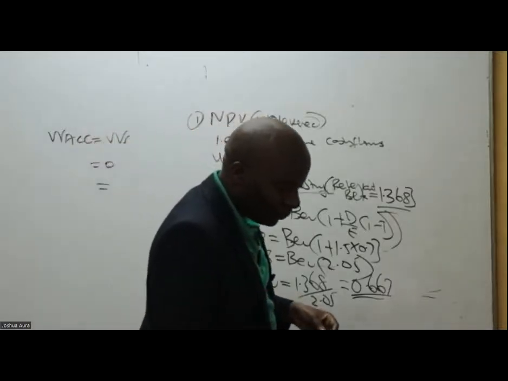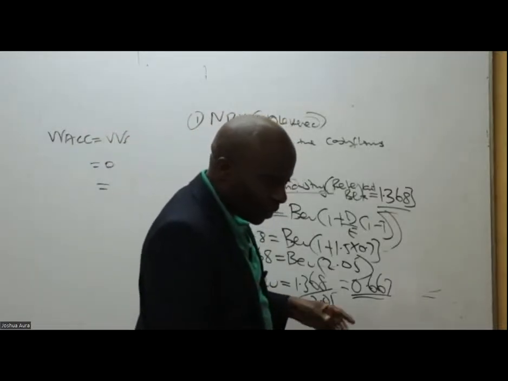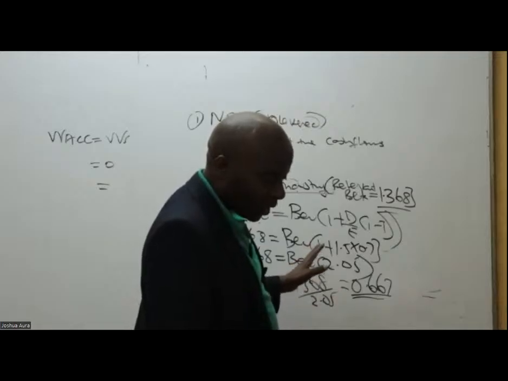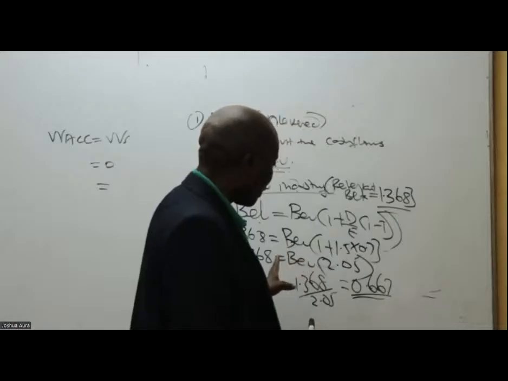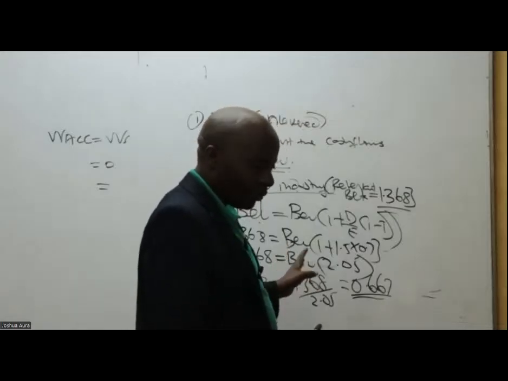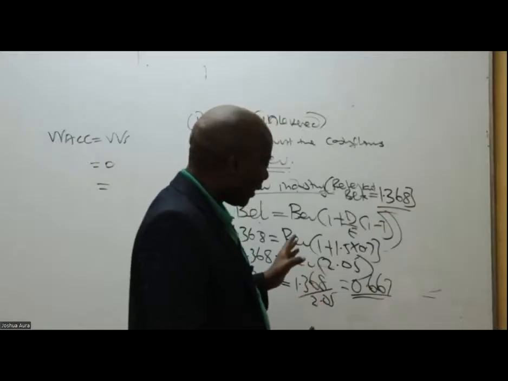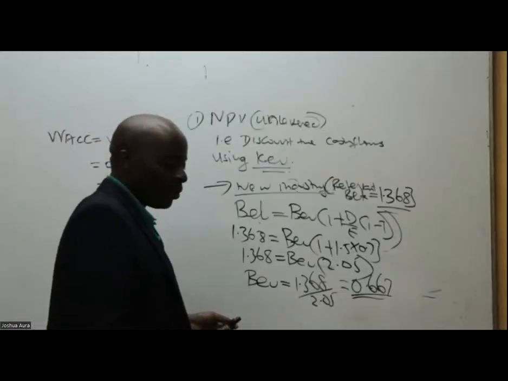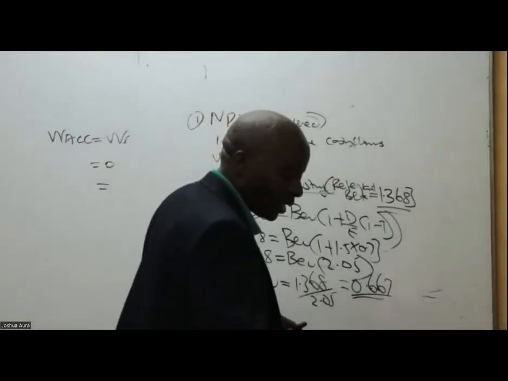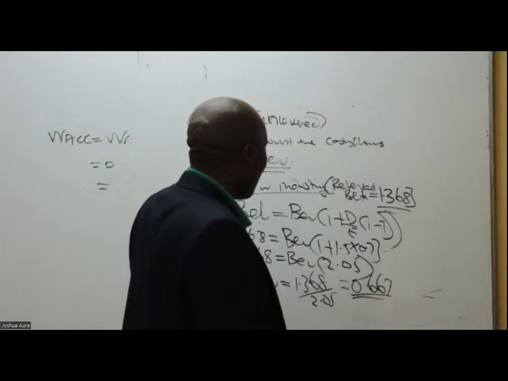So now, if they want me to give this NPV unlevered, this 0.667, I'm being told it is correct. Beta equity of the unlevered firm, I'm being told the figure is okay. Very fast, remember, I want to get my KU.